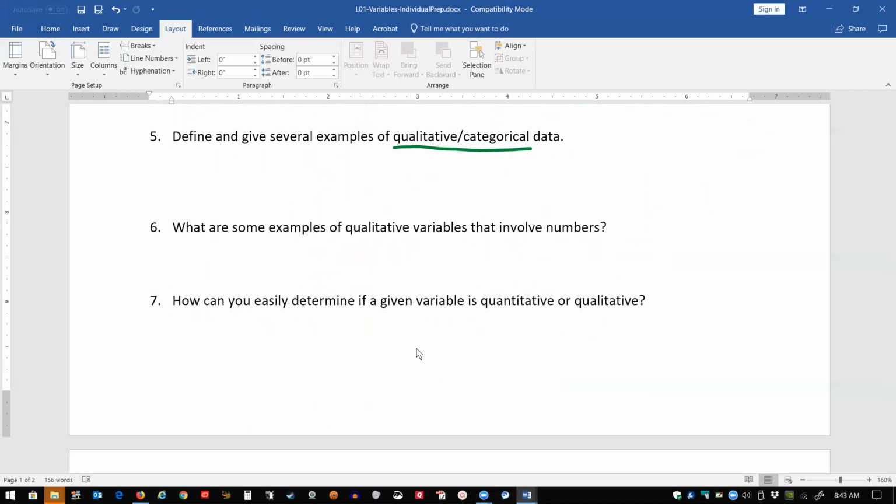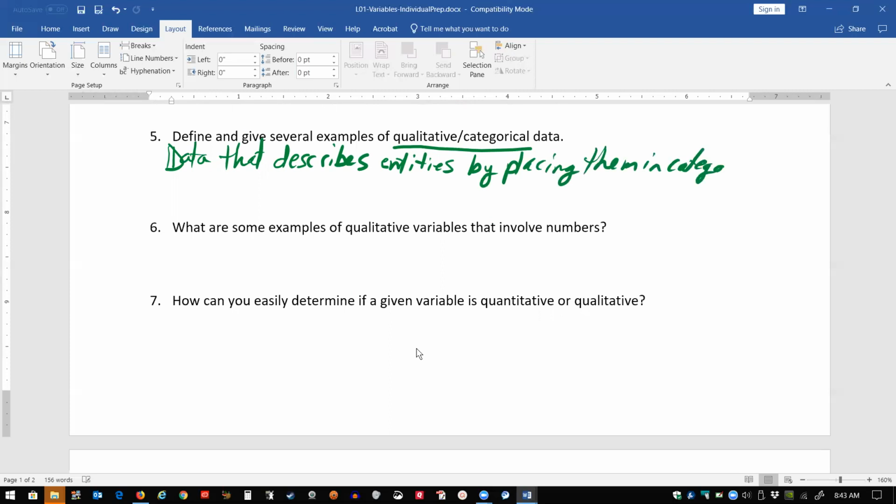So, a definition: data that describes entities by placing them in categories, or groups, by some characteristic.